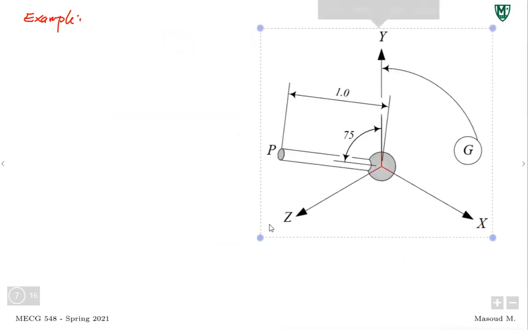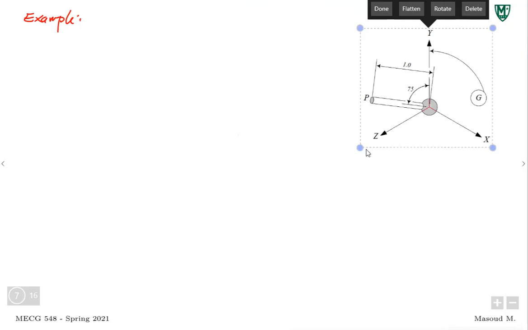All right, so example. Remember to follow at least my own color code. So we have an arm. Let me bring up a picture here. There you go. So we have an arm. XYZ defined as global coordinate frame, and just think about it as a simple arm, a piece of an arm or a link in an arm.